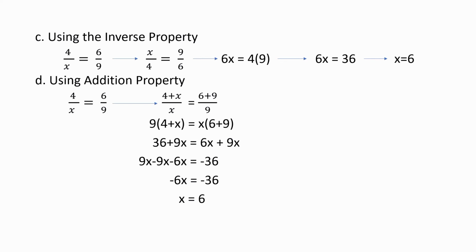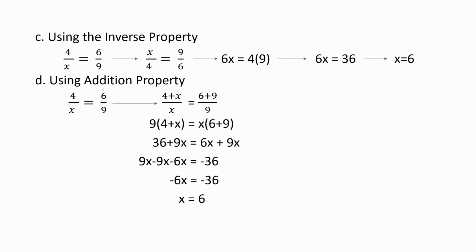And on the other side of the equation, we have 9, we also added 9 on the numerator. Then you cross multiply. So apply cross multiplication. That means 9 times the quantity 4 plus x equals x times 6 plus 9.